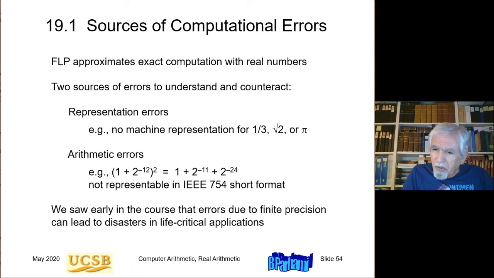You should go back to chapter 1 and read about the disaster caused by errors in floating point arithmetic that were not properly analyzed or anticipated, and therefore they caused the destruction of some very expensive equipment, rockets.